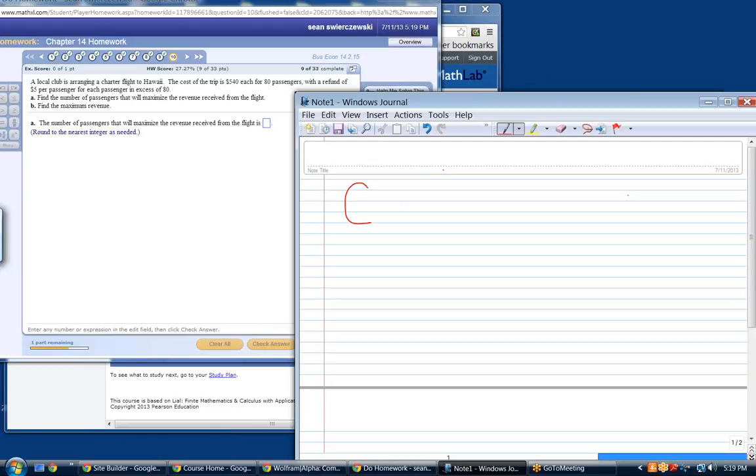And let's start off by making a variable. Let's let x equal the number in excess of 80. Okay?